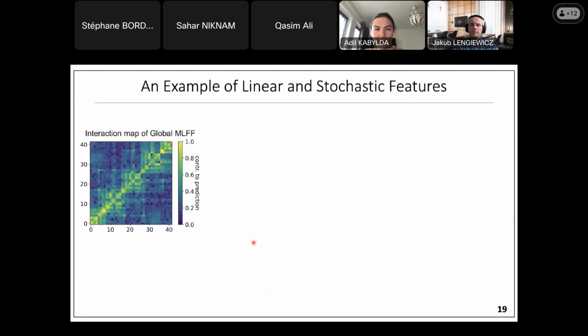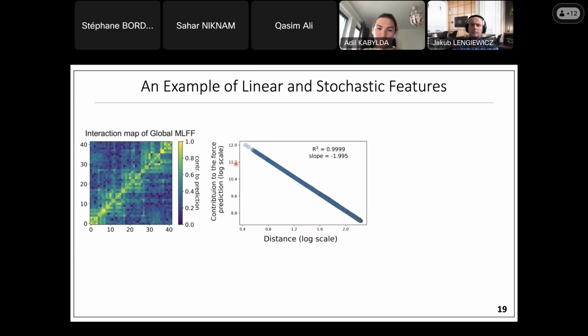Yeah, and from the machine learning point of view, we can also look at this. So as I said, each entry in this matrix is actually an average of 1000 configurations. And if we take one entry here and expand it, here we have a contribution to the force prediction and the distance.